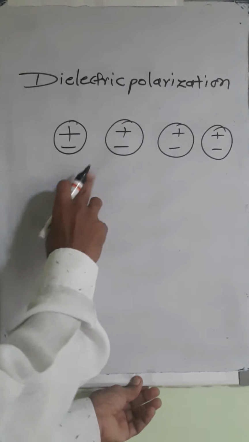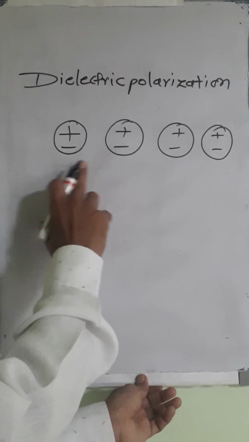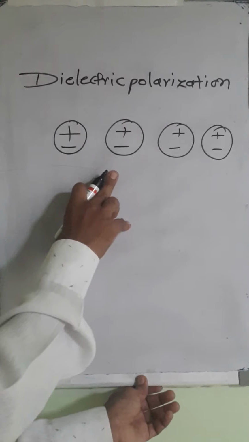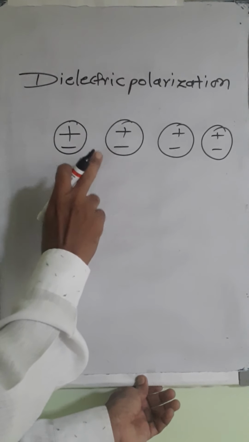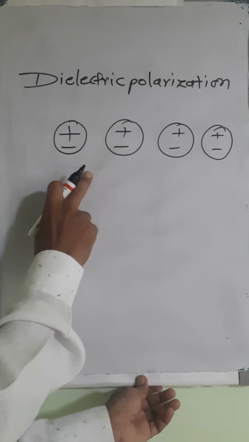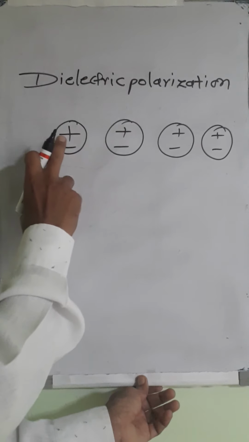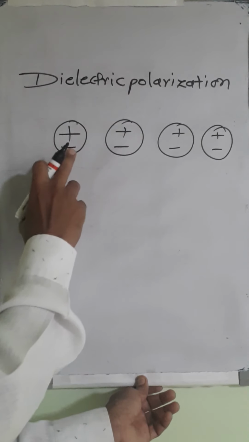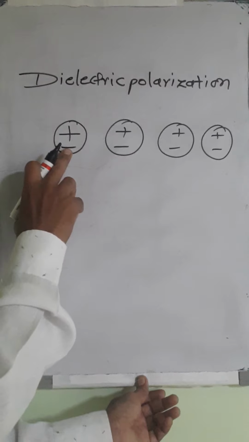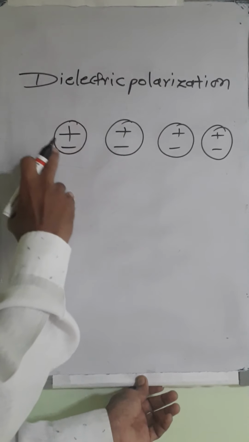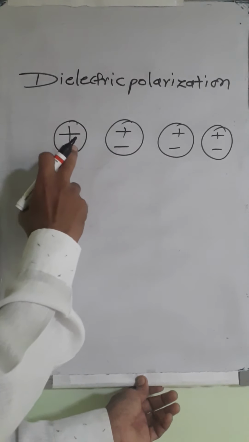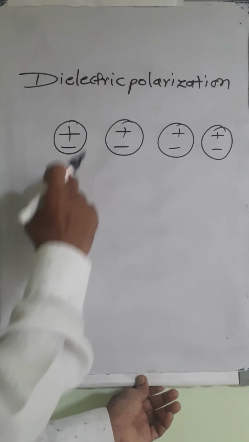So these are the non-polar molecules. What is the meaning of non-polar molecules? Non-polar molecules means the center of gravity of positive charge and the center of gravity of negative charge coincide with each other, and it has symmetrical molecules.